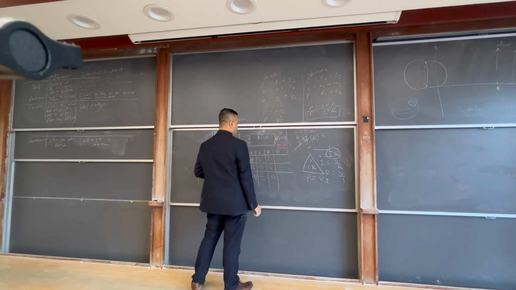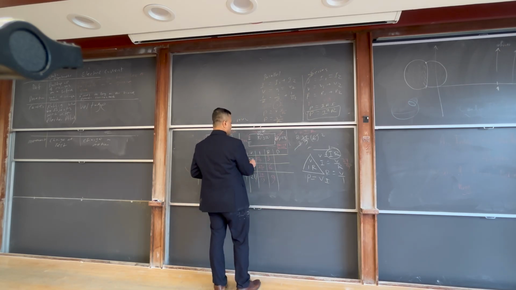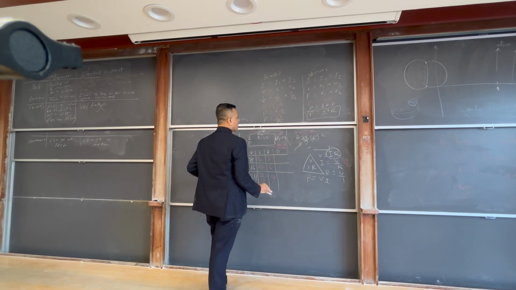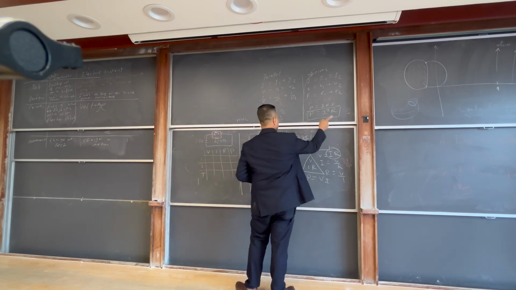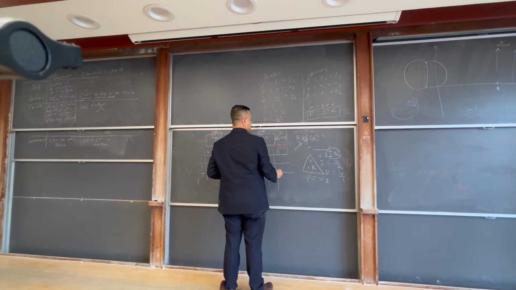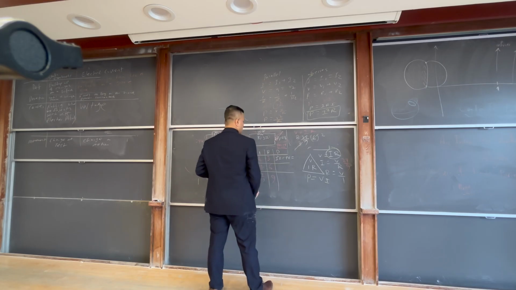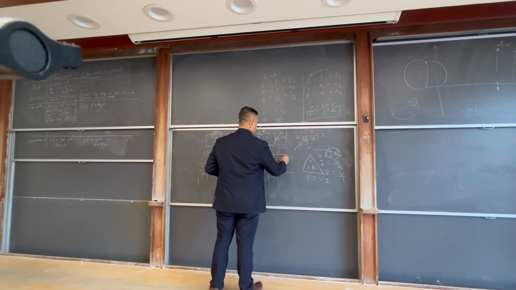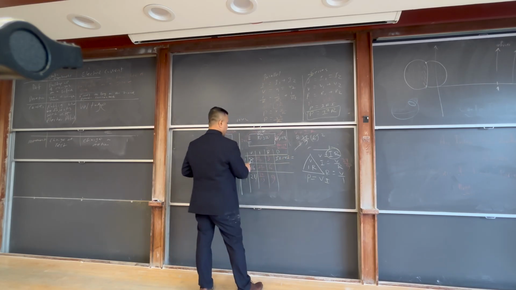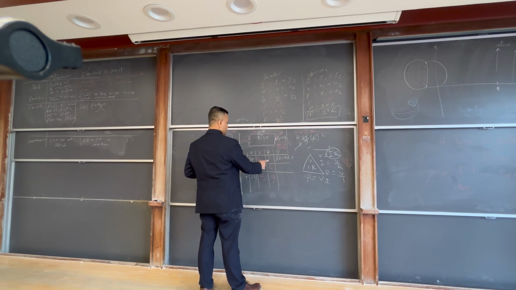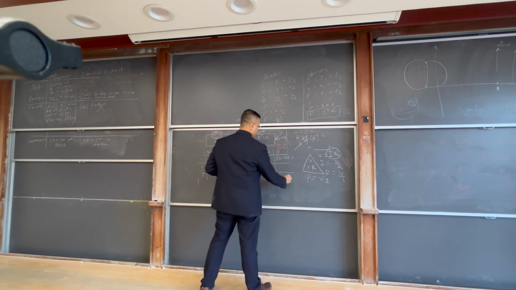Now for power, you can do VI, or you can do I squared R. They're all going to give you the same thing. I squared R is equal to VI. For bulb 1, V is 8, so it's 8 times 24 over 9.